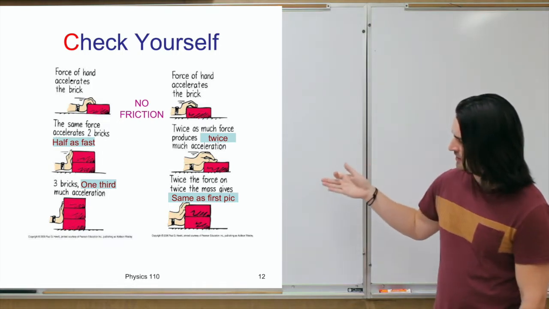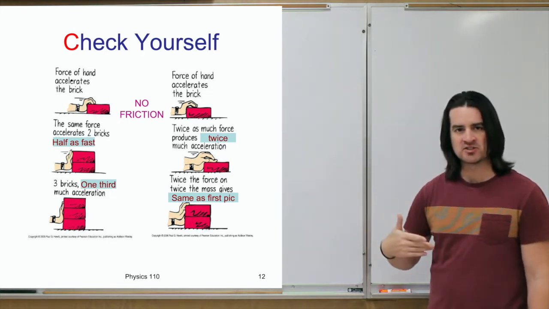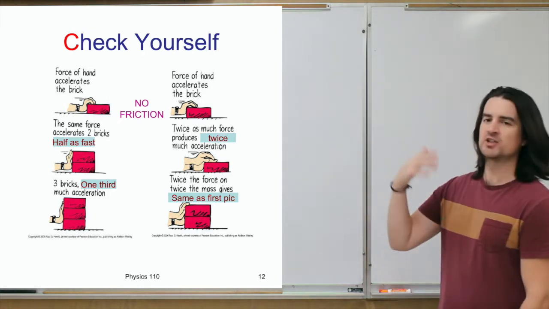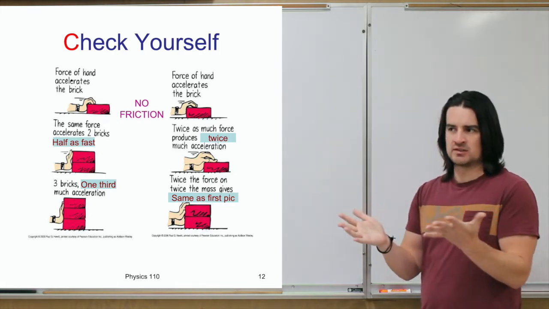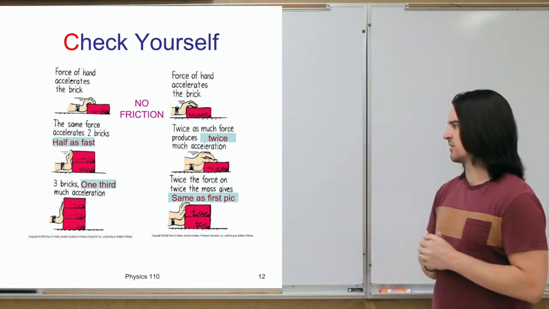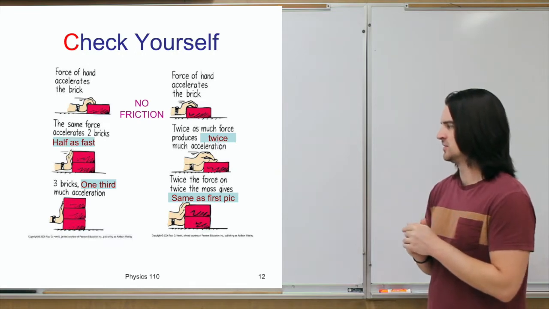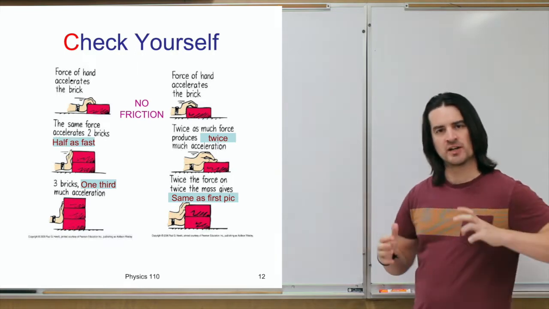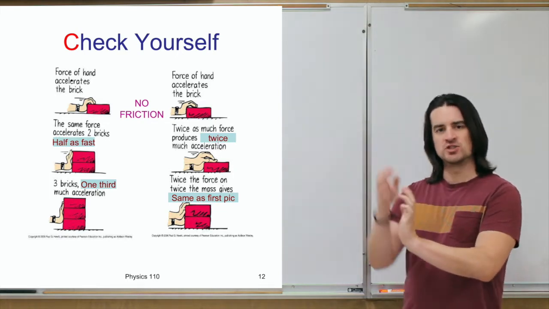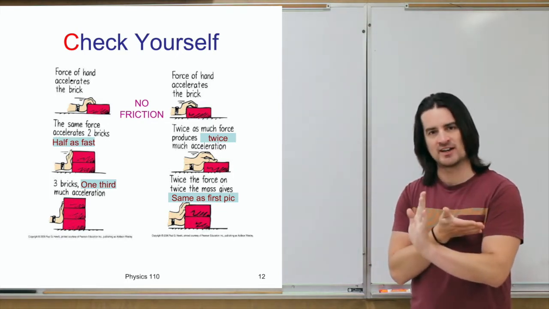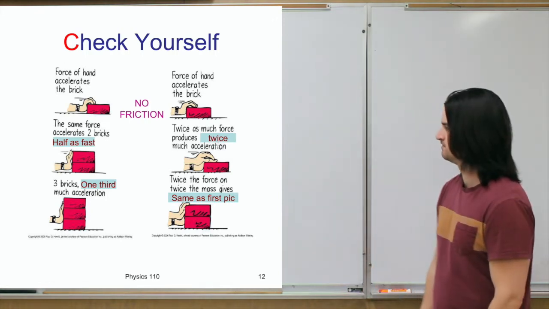And then finally, if you double the mass but also double the force, those effects essentially cancel each other out, and you're going to get the same acceleration. You could also think about it as, you apply twice the force, that would say you get twice the acceleration, but you also double the mass, which cuts that back in half. So you end up with the same acceleration.